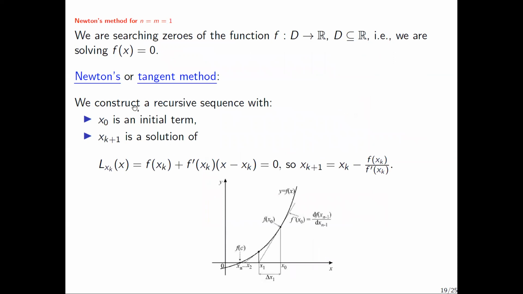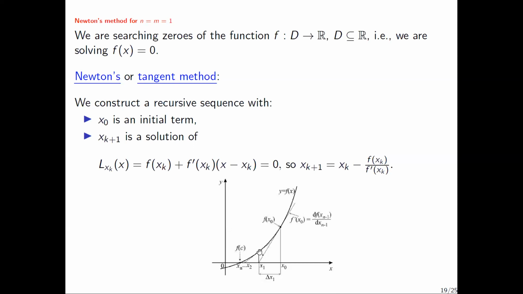Okay, and then we studied Newton's or the tangent method to solve an equation f of x is equal to 0. So as I said before, we have this graph of the function. We are in the point, this is our initial point x0. We calculate the tangent. The tangent meets the x-axis in x1.